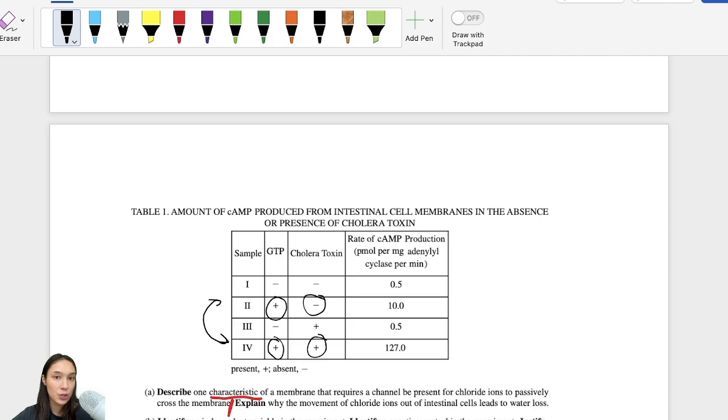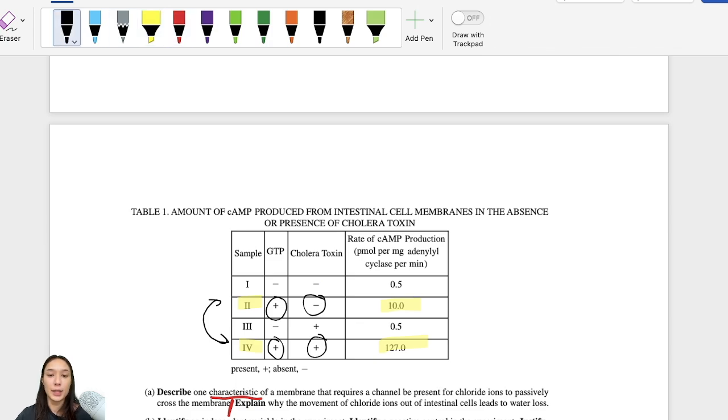If we look at the change in cyclic AMP, this one without cholera is 10. This one with cholera is 127. So that's quite a big difference. In this case, there is going to be an increase. So the cholera toxin, when you're comparing 2 and 4, causes an increase in cyclic AMP.